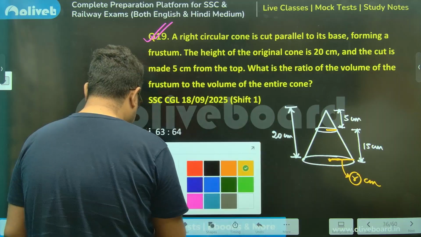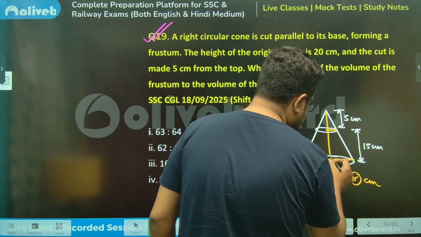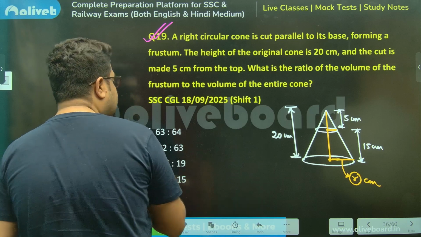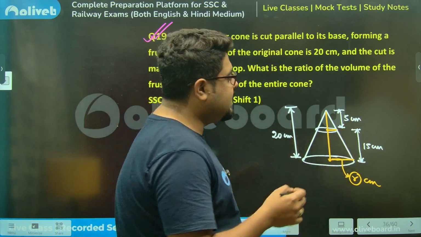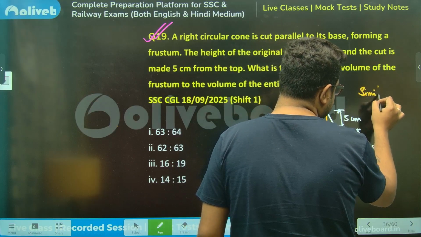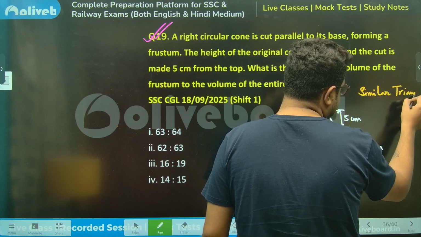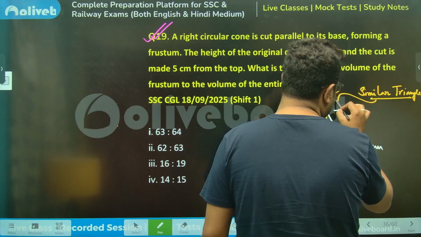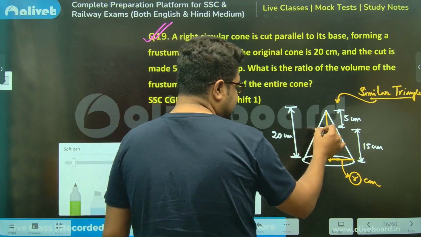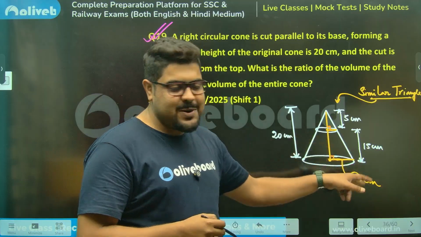Please try to understand the most important part of a frustum. If you look at this mathematically, this is a similar triangle. This follows similarity. This is 90 degree, this is 90 degree, this angle is equal to this angle.